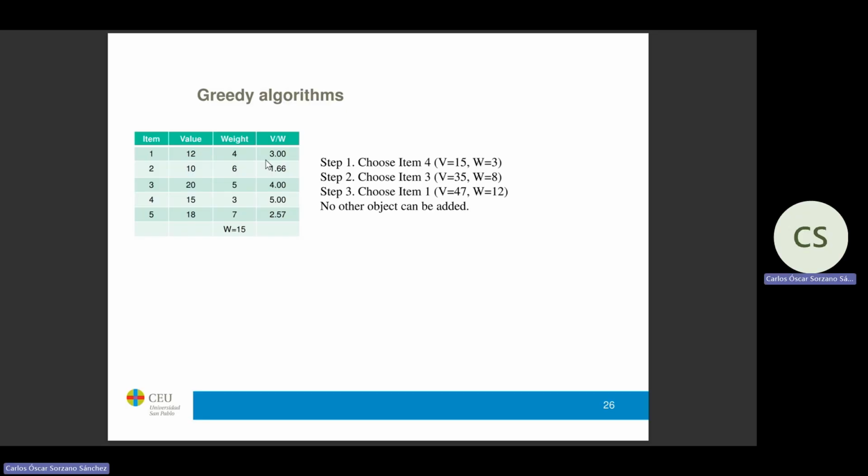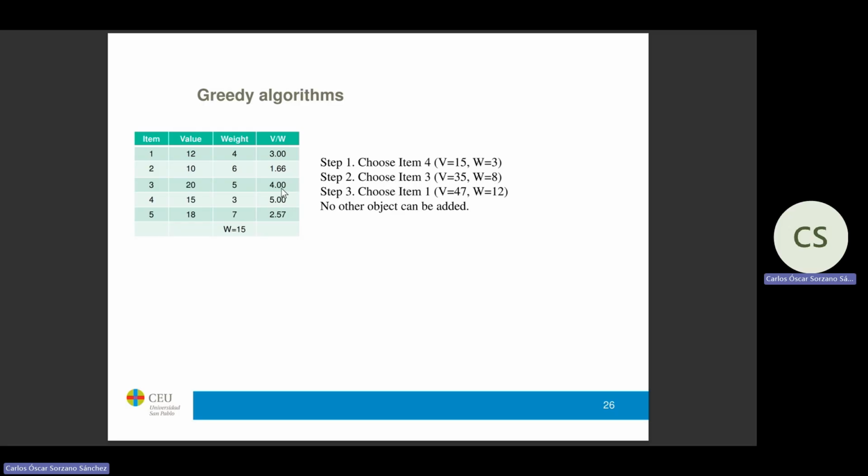So if you are greedy, then you would choose the most valuable item here. The most valuable item is 4, so I will take it. And now I have a value of 15 and a weight of 3. And then what is the second most valuable? It is 3. So then I have a value of 35, that is the sum of these 2 objects, and then this weight.